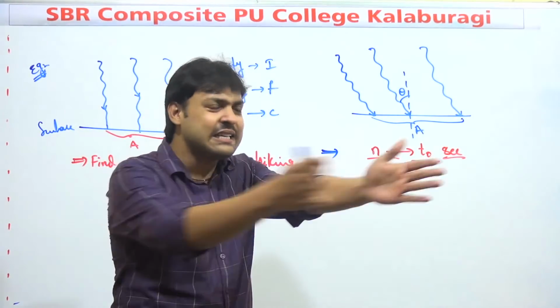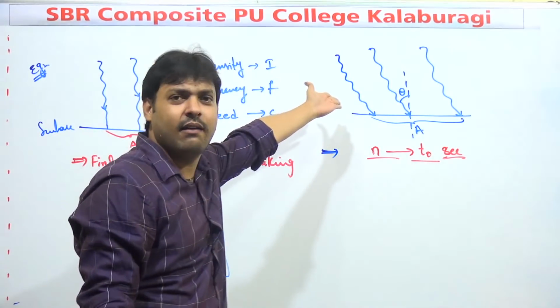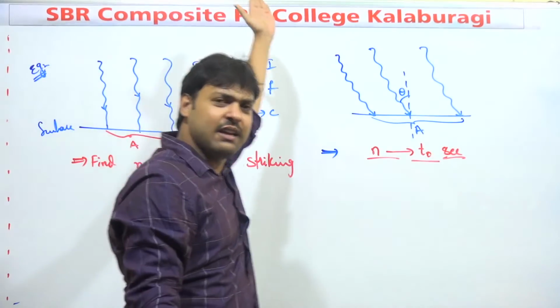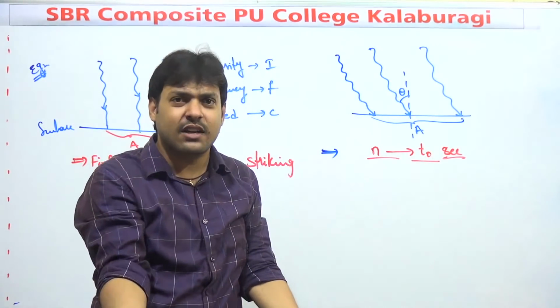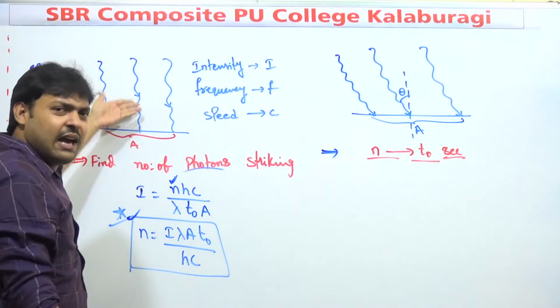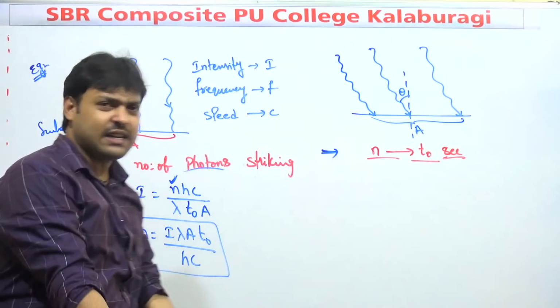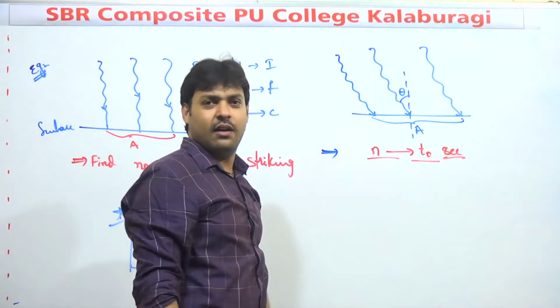Same concept here. Photons also travel in a straight line path, the particle nature. Try to understand. Here, the area and the photons are coming in this direction, so all the photons will travel.